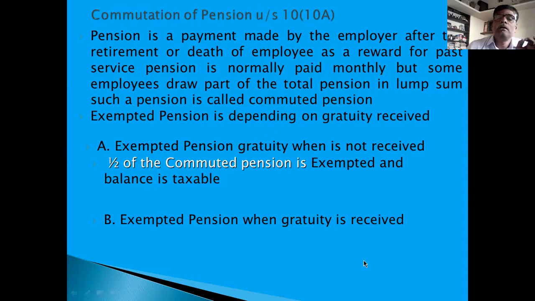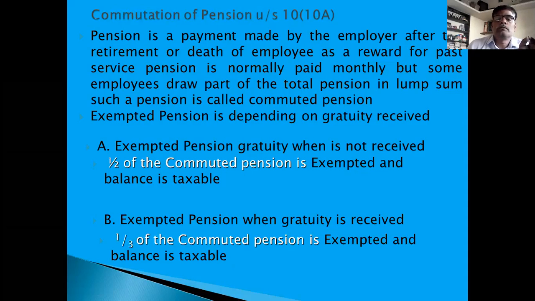This is regarding commuted pension. And monthly pension received by the employee is taxable under the head salary. This is the point you remember.